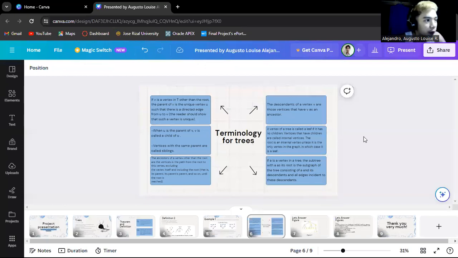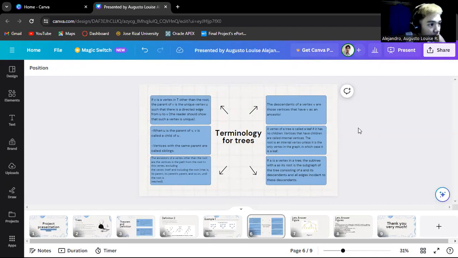Terminology of trees. If V is a vertex in T other than the root, the parent of V is the unique vertex U such that there is a directed edge from U to V. The reader should show that such a vertex is unique.